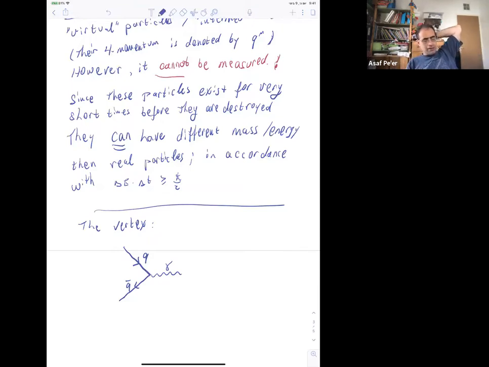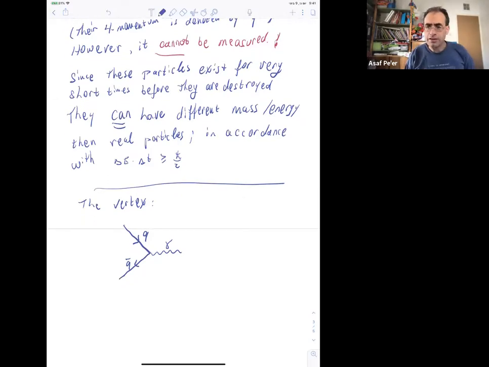But I saw that in all standard textbooks, they use the wiggly line like the photon to represent the weak interactions as well. So the W and the Z interactions are also represented by wiggly lines, same as the photons. The dashed line is reserved for the Higgs. That has become standard, so I don't want to confuse you about that. I just want to follow what is in the standard textbooks.